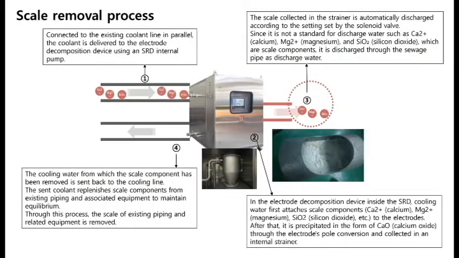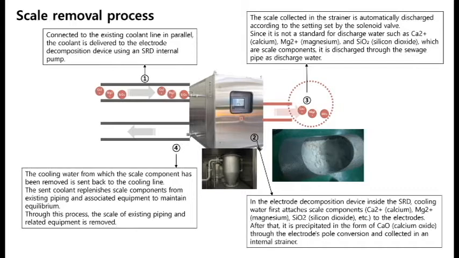I will explain the process of SRD removing the scale of the cooling pipe. First, connected to the existing coolant line in parallel, the coolant is delivered to the electrode decomposition device using an SRD internal pump.